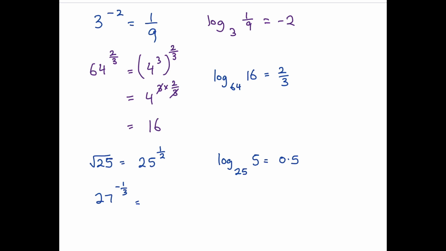So next we have 27 to the minus third. We can write 27 as 3 cubed, and this is all raised to the power minus a third.